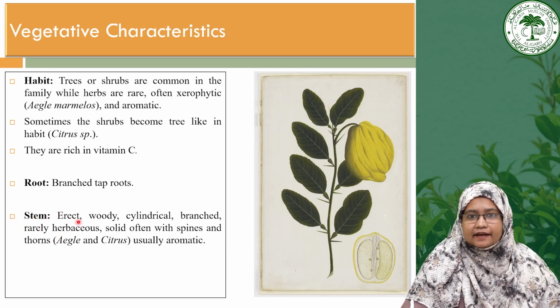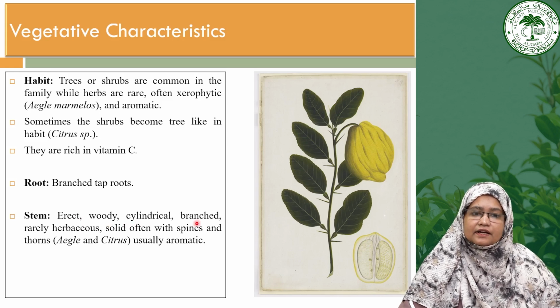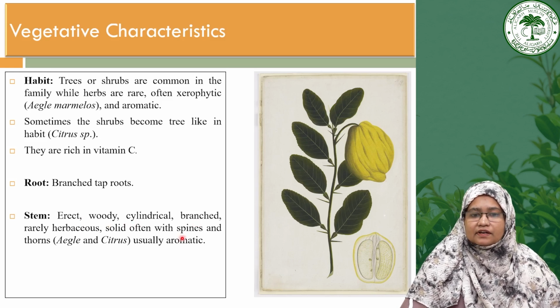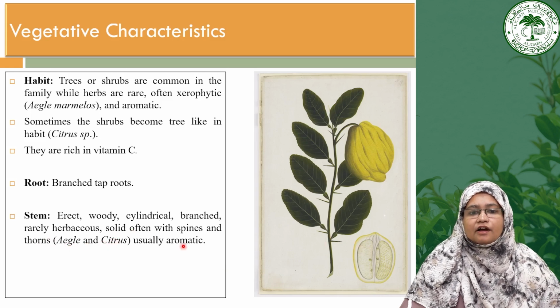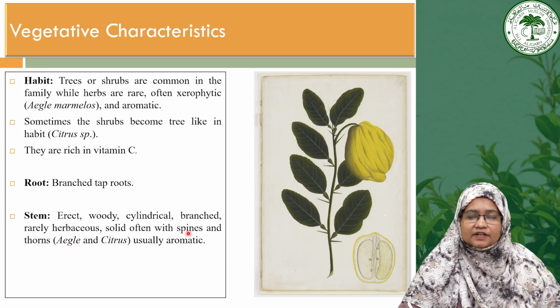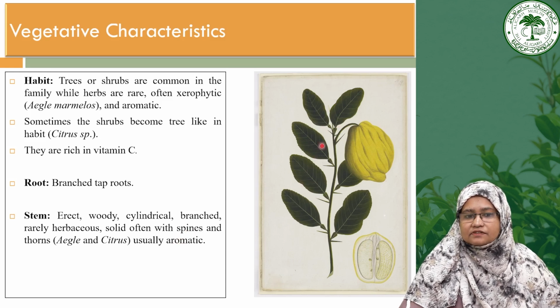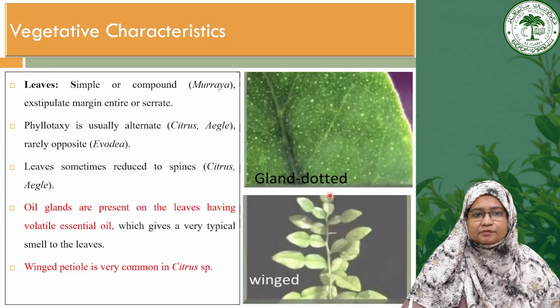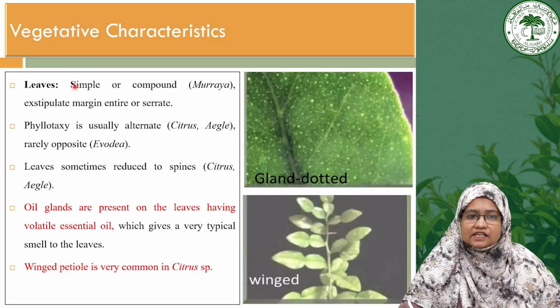The stem is generally erect, woody, cylindrical, branched and rarely herbaceous, solid with spines, as we can see in these images, and some also have thorns, as in the case of Aegle and citrus, and the stem is also aromatic. So as we can see here, this is the erect stem which is cylindrical and may be branched. Now moving towards the vegetative characteristics, that is the leaves.